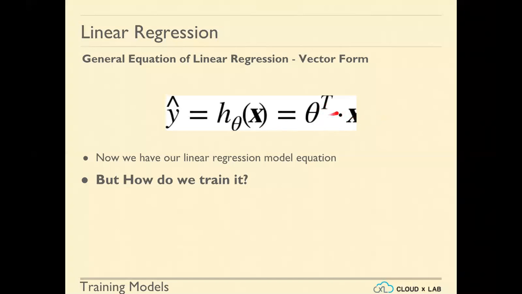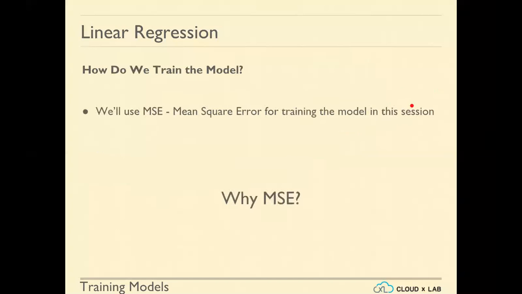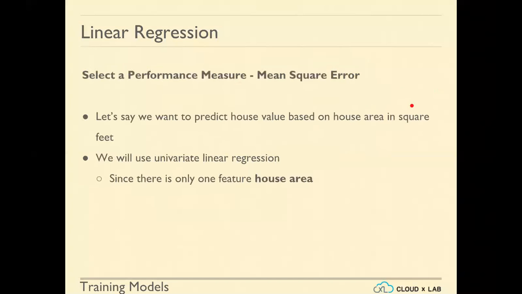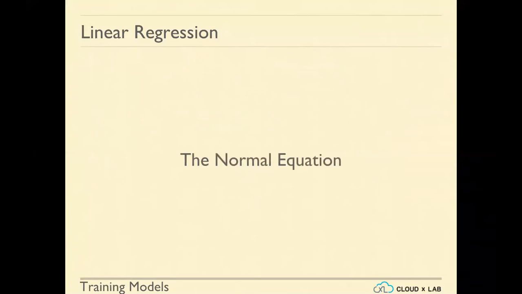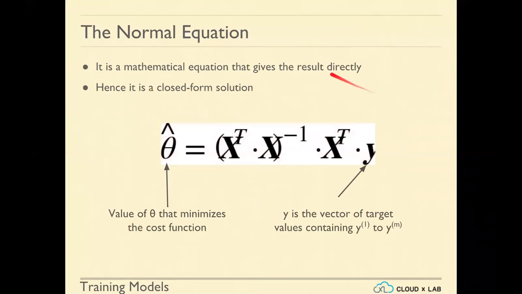If we have to take x to the other side, this is what it will become: x transpose into x, the inverse of it, and then multiplied by x transpose dot y.